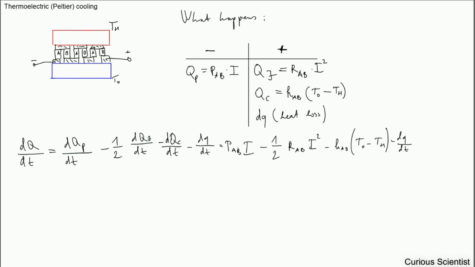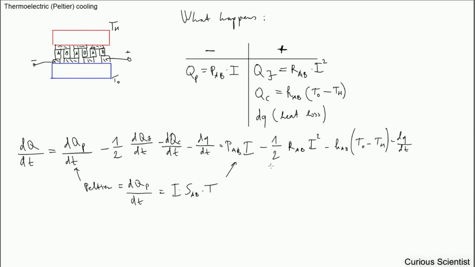So we could see that we have the Peltier effect, and this is dQp/dt, which equals I times the Seebeck coefficient of the device times the temperature, and that is basically this guy here.